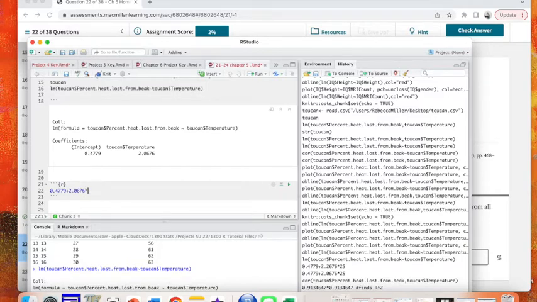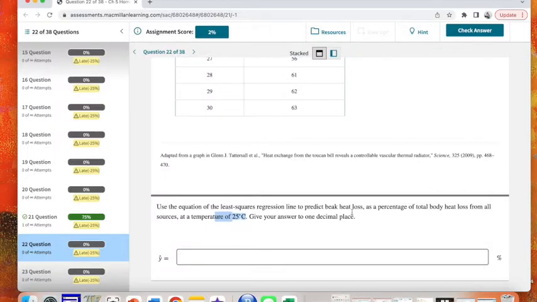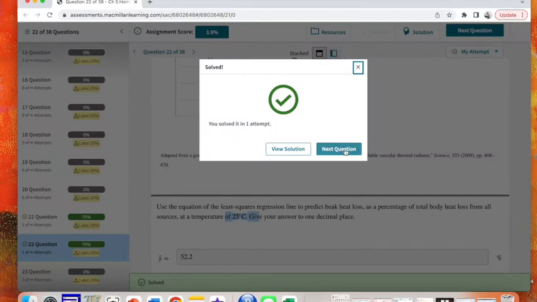So I'm going to multiply this by 25 because I'm in degrees Celsius, and that gives me 52.16. So I have 52.16, but it says 1 decimal place. So I've got 52.2 would be our predicted heat loss for these toucans at 25 degrees Celsius. We're also correct.